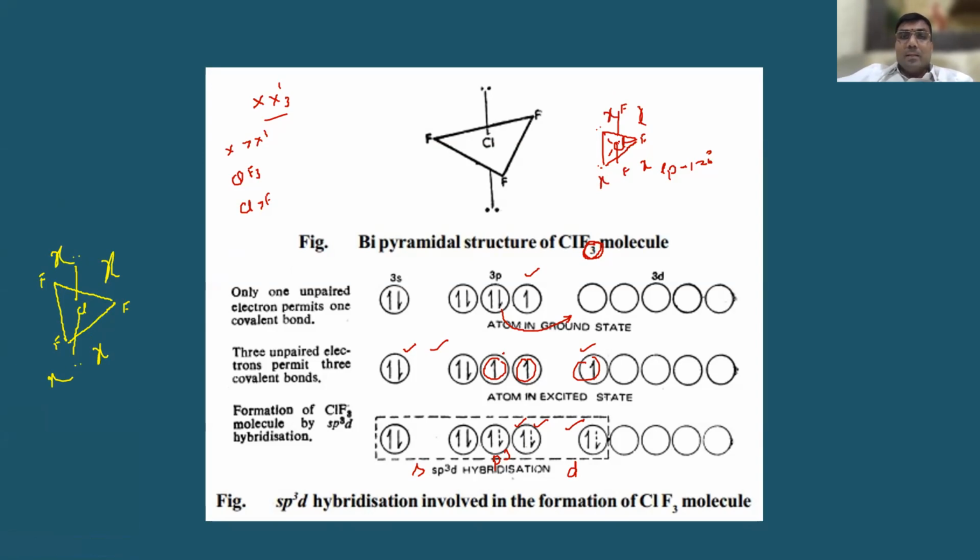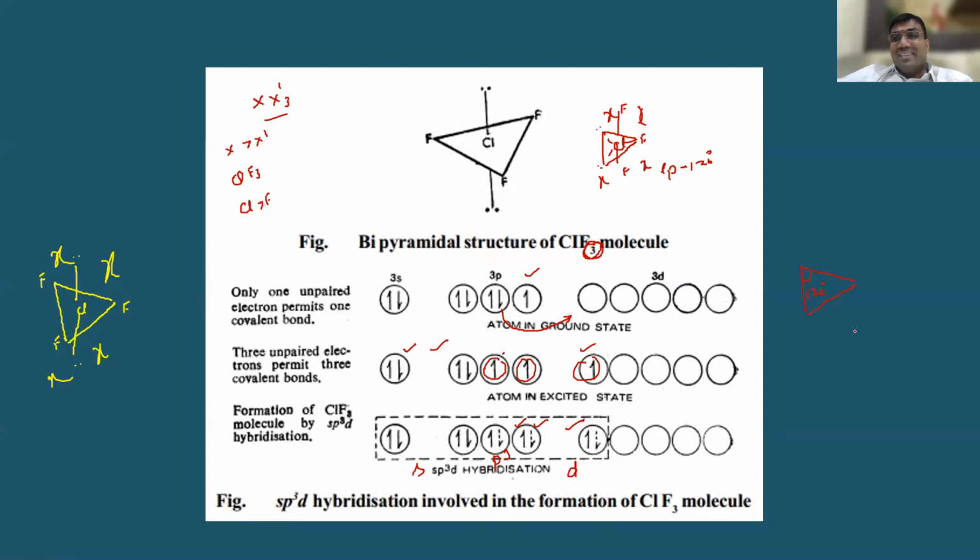So where do you have to keep the lone pairs? Come on. Equatorial. Why do you have to keep them in the equatorial position? Less repulsions. What is the bond angle in the equatorial position? 120 degrees.